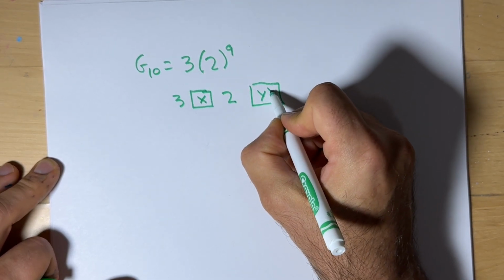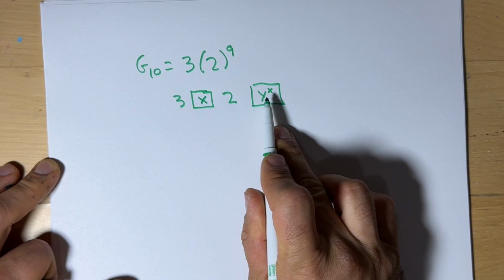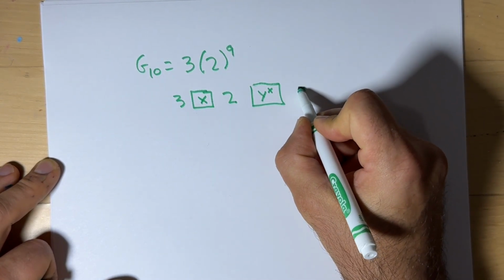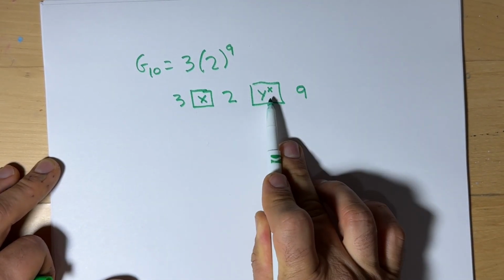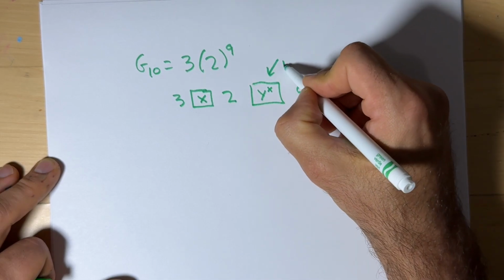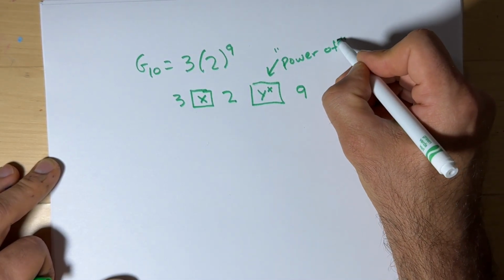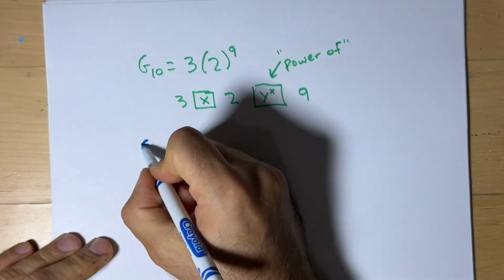It looks like this. For Casio's, it's on the top right, by the clear button, I think. So this means 3 times 2 to the power of 9. That's our exponent button.